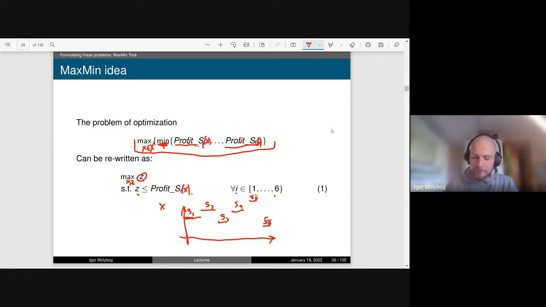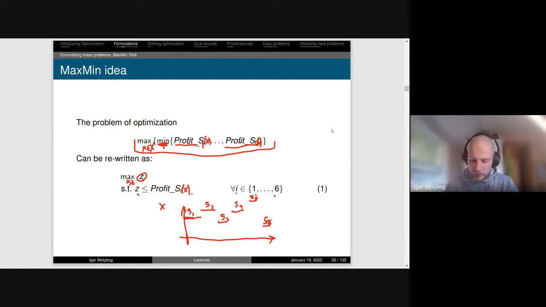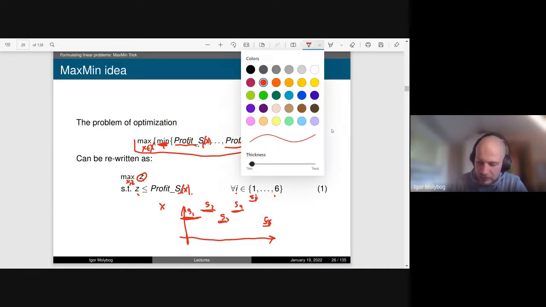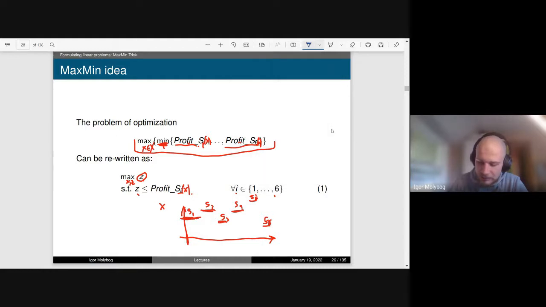What we are trying to do is maximize Z, so Z must be less than or equal to any of the profits. So Z must be less than this level and this level and this level and this level. We are basically saying that Z must be less than the smallest of the levels, which is this S6.